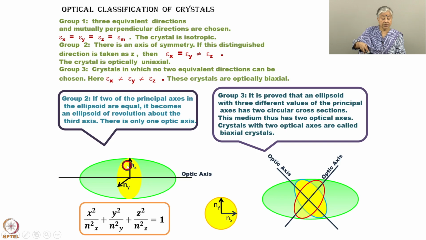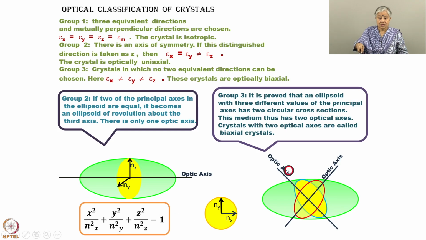We have to bother about the E ray only, which has the same refractive index as the O ray along this axis, but not in any other direction. Suppose the direction is here, from the center, the E ray will see a different refractive index. Now, there are crystals where you have two optic axes.